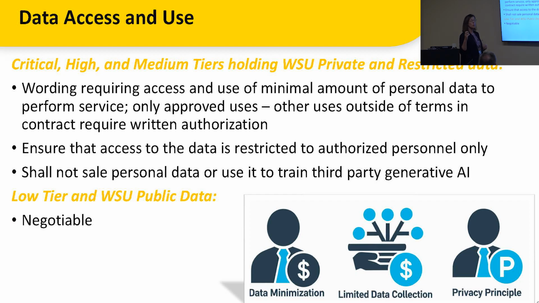And if they want to start using our data for other reasons outside the terms written in that contract, we want written authorization to come from us. We want to ensure that access to the data is restricted to only authorized personnel that need it, and we want them to not sell our personal data or use it to train third-party generative AI.